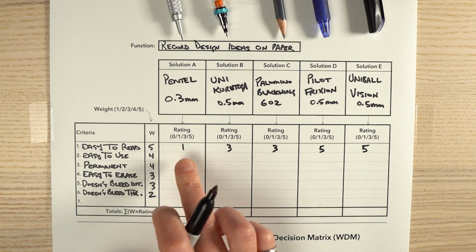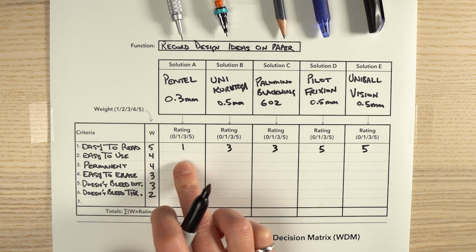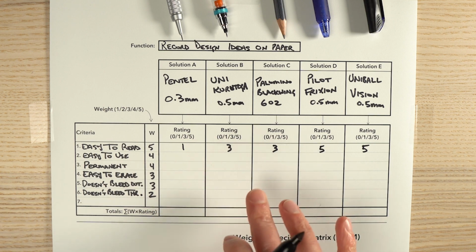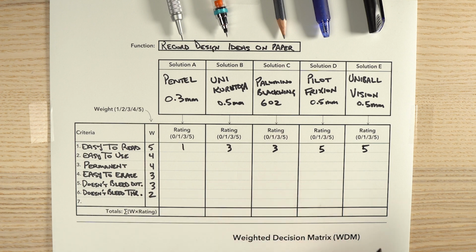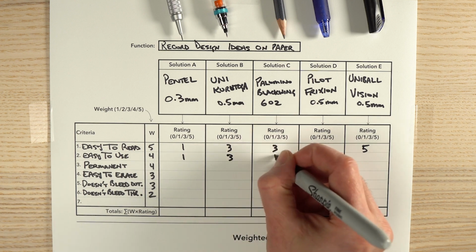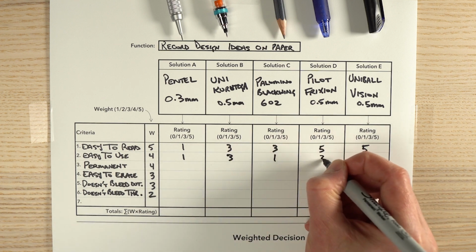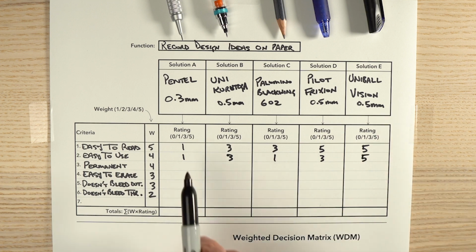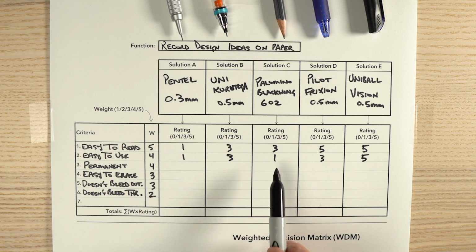The Pentel is too thin, and all of the pencils blend in a bit with the template. Easy to use. The thin lead snaps. The Blackwing needs sharpening.